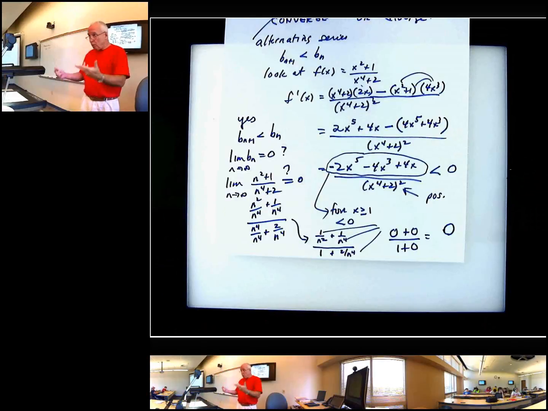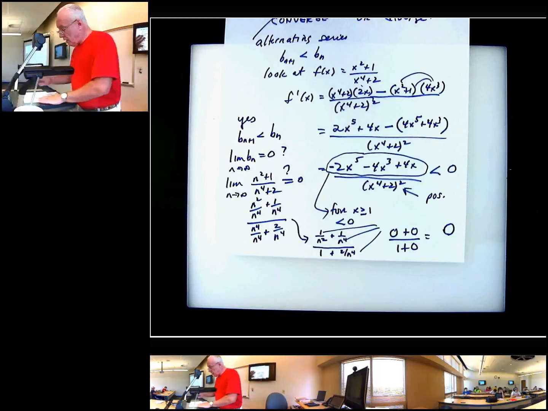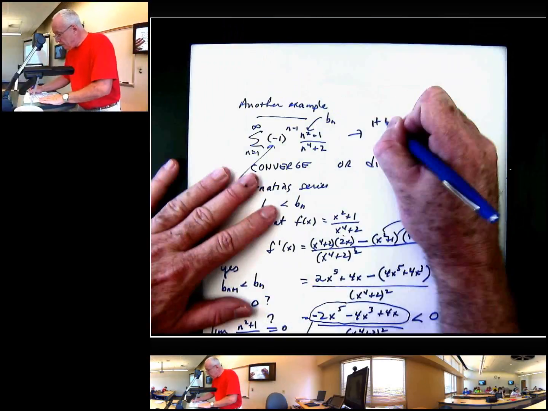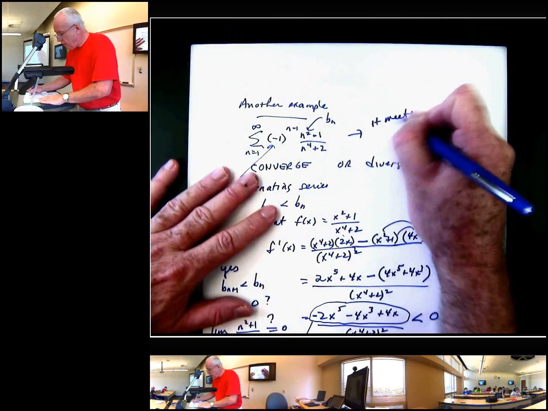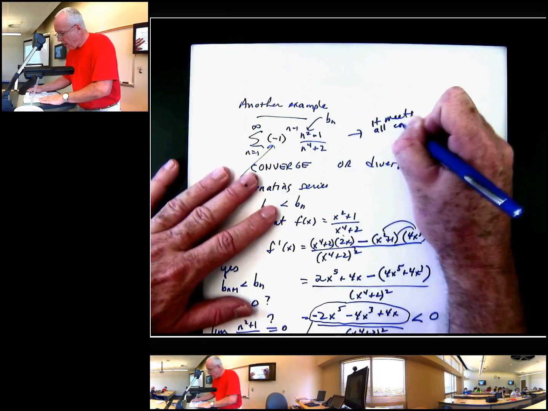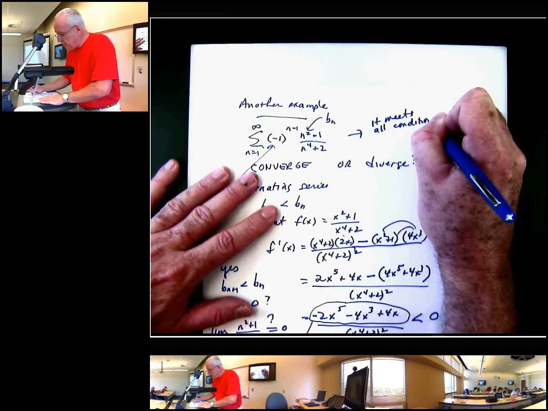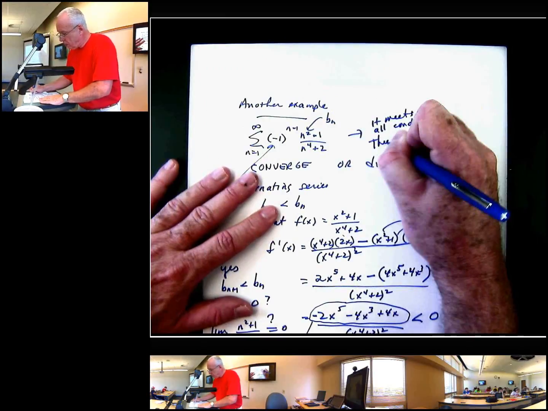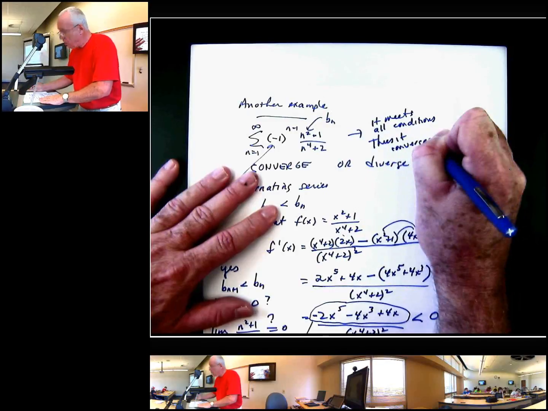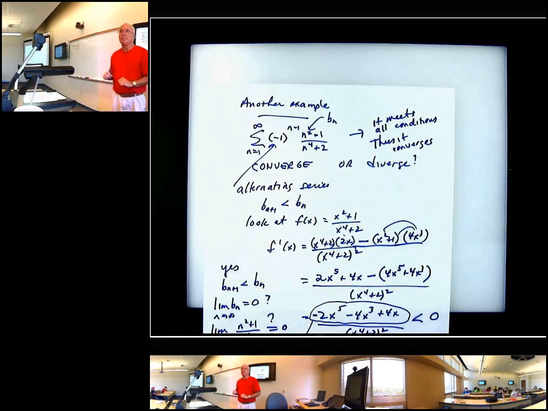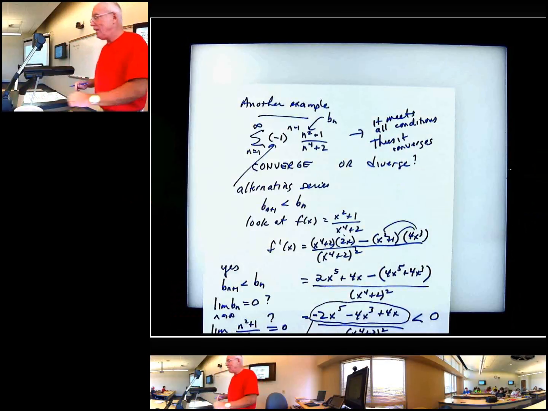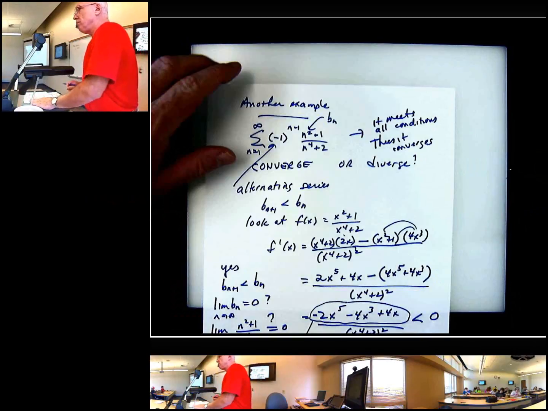So therefore, both of the conditions are met for this alternating series, and we can say up here, it meets all the conditions, thus it converges. Okay, all right.